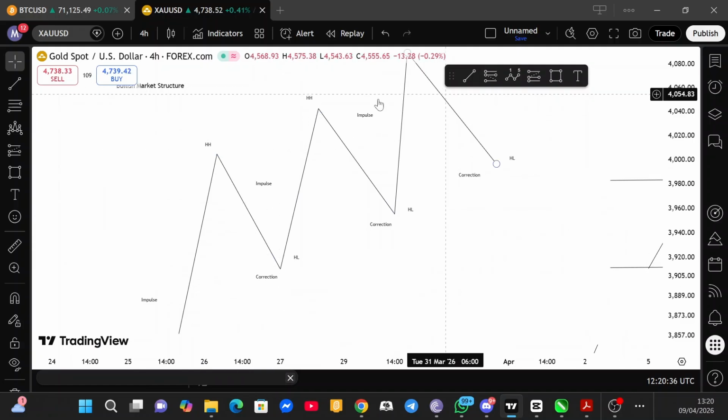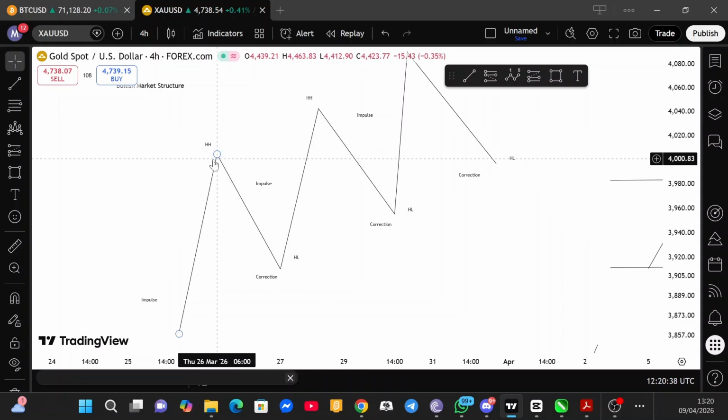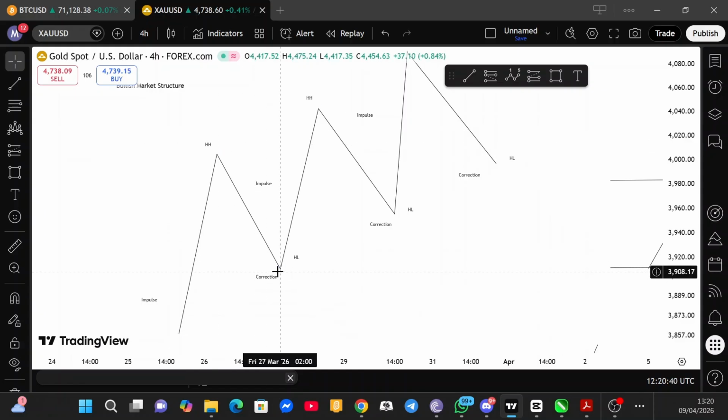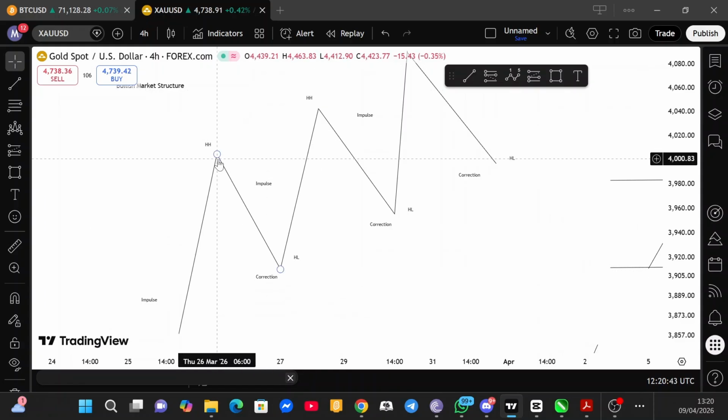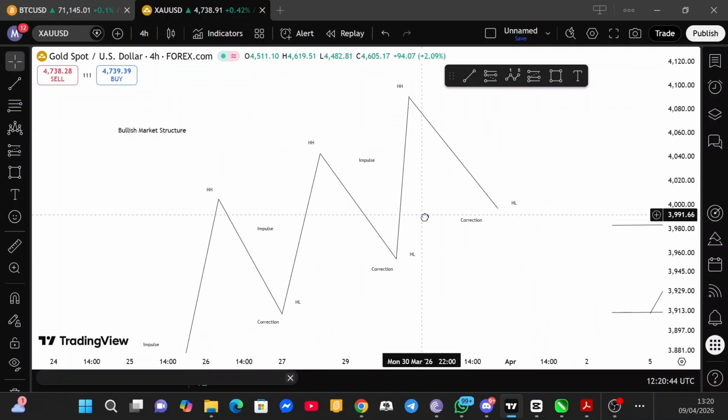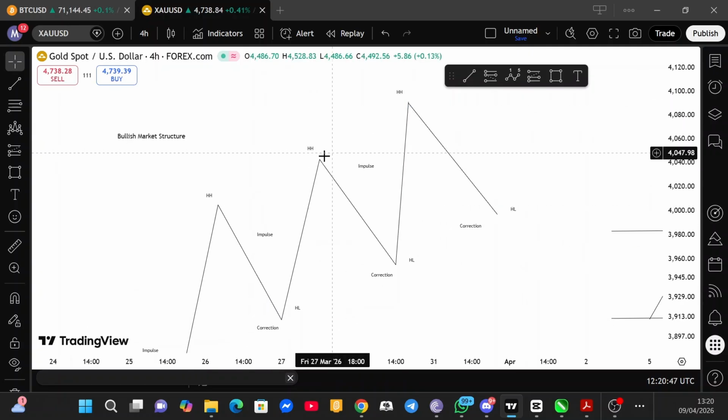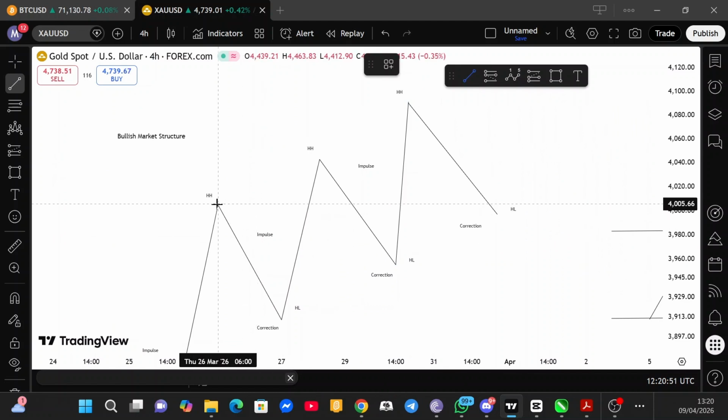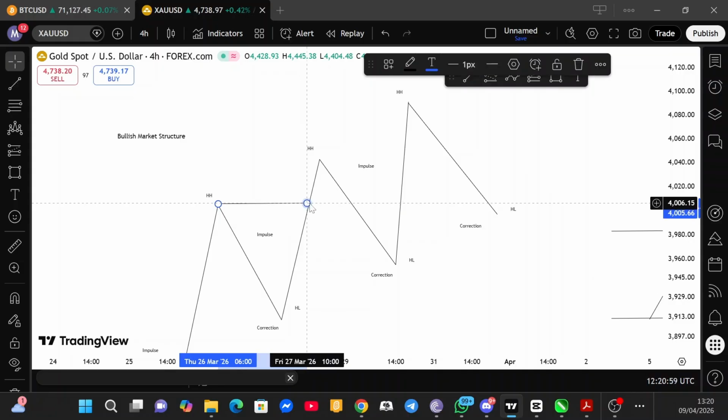The new high here broke the previous high. What I mean is that it went above the previous high. Likewise, this new high also went above this previous high. Now, this point at which the market broke and formed a new high is called a break of structure.